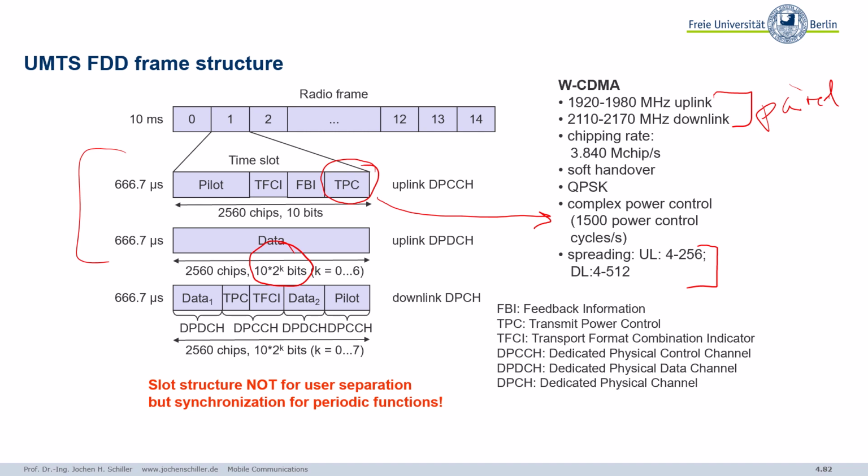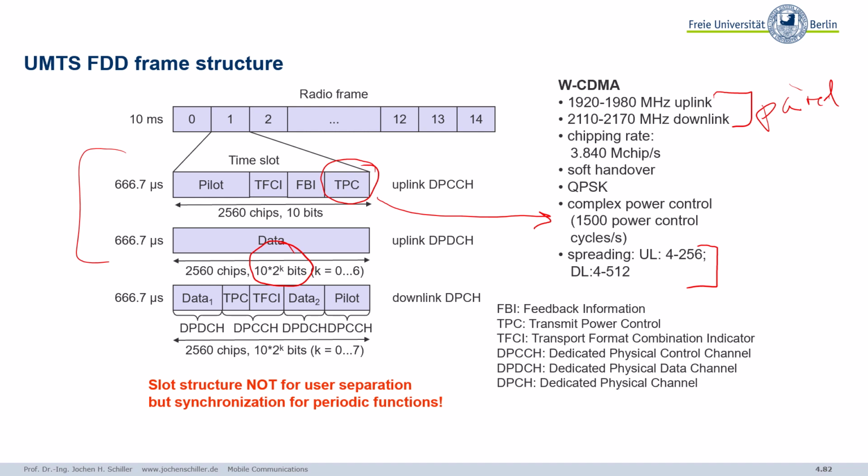In addition to the transmit power control information, we transmit so-called pilots. Pilots are well-known fixed bit patterns, resulting in fixed chipping patterns. With the help of the pilot, you can estimate the interference in the downlink, because you receive the pilot. You can synchronize using pilots, but you also know the signal strength.